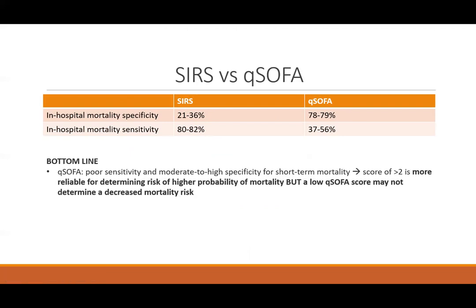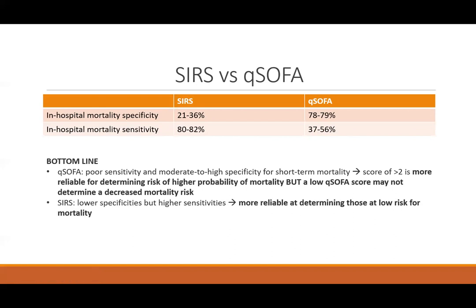So basically, what this means is that if the qSOFA score is greater than 2, it's pretty reliable in telling you that this patient has a higher probability of mortality in the hospital from their sepsis. So if they're flagging qSOFA, you really want to watch and consider a higher level of care. However, with the sensitivity, a low qSOFA does not mean that they have a decreased mortality risk. It's good at telling you if somebody's sick, it's not really good at telling you if somebody's not sick.